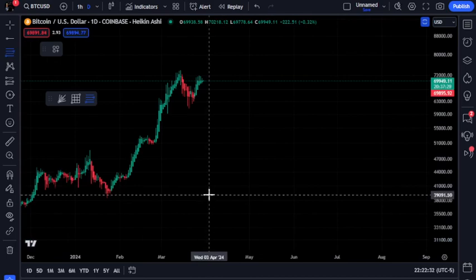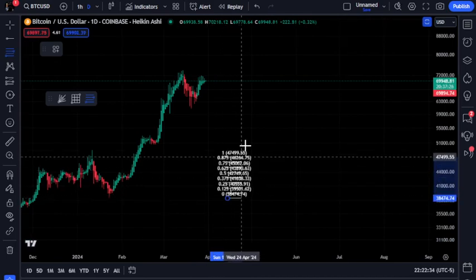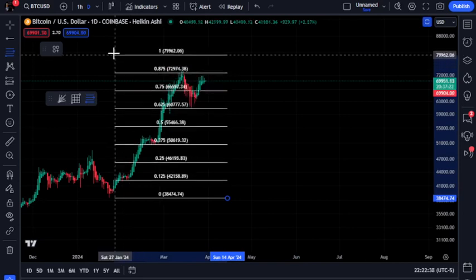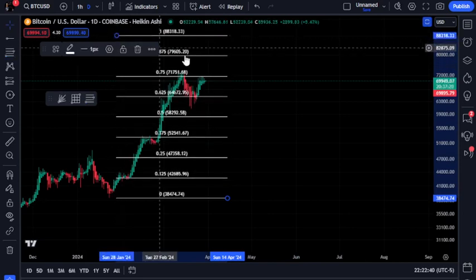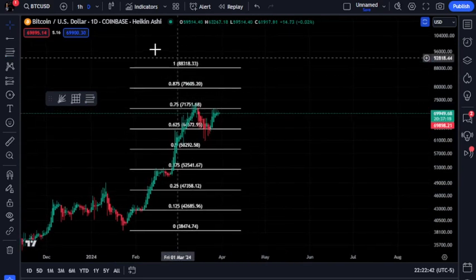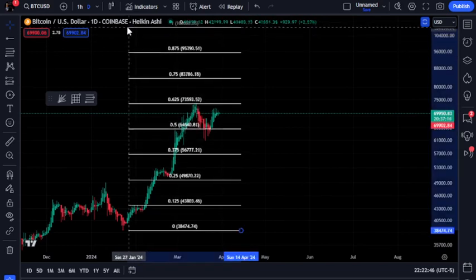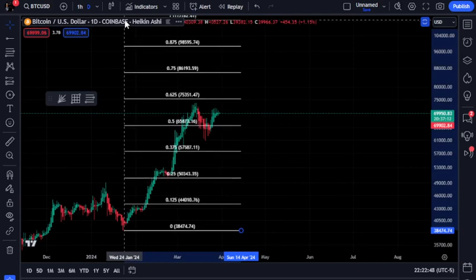I've taken my fib retrace tool and I've changed the settings on it to just give me 1/8 increments. Why 1/8 increments? Well, there's nothing special about 1/8 increments. They're just equal proportions.